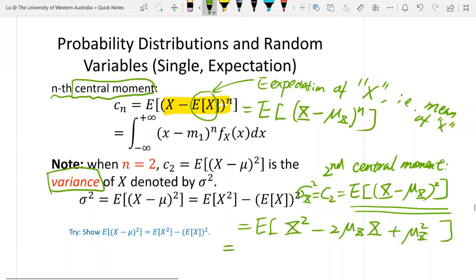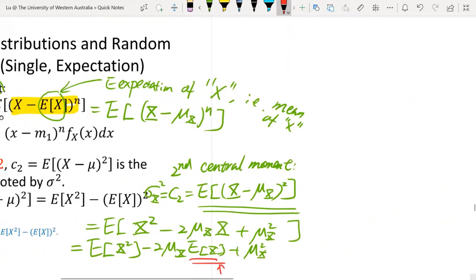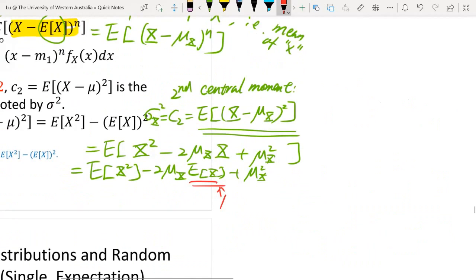So this can be converted to E[x squared] minus 2 mu_x E[random variable x] plus mu_x squared. This part, the expectation of the random variable x, is just actually mu_x. So this term is then converted to 2 mu_x squared.